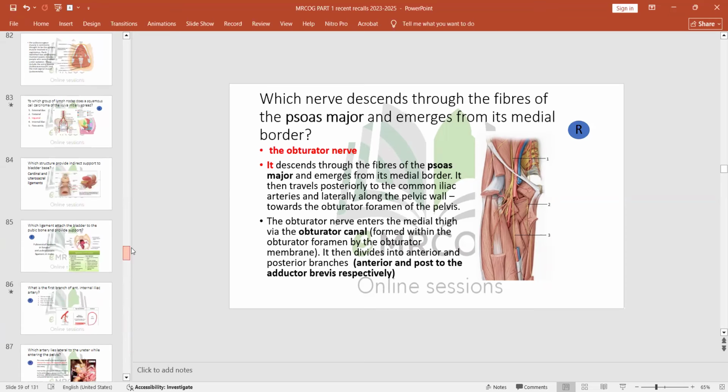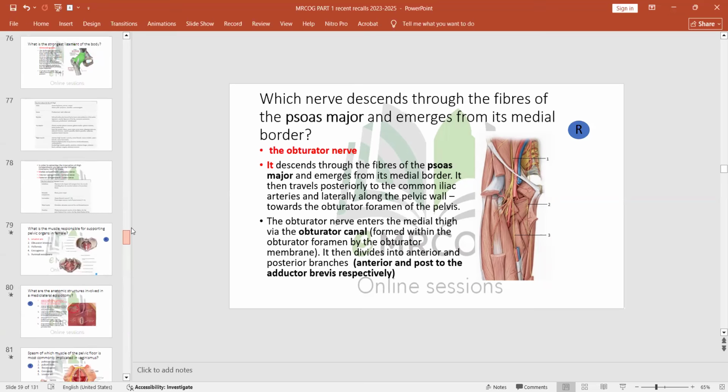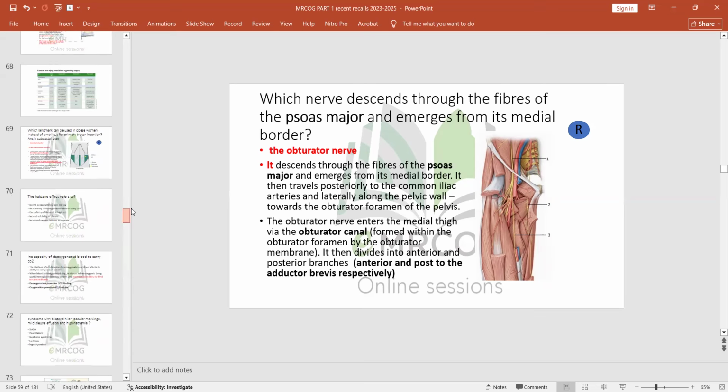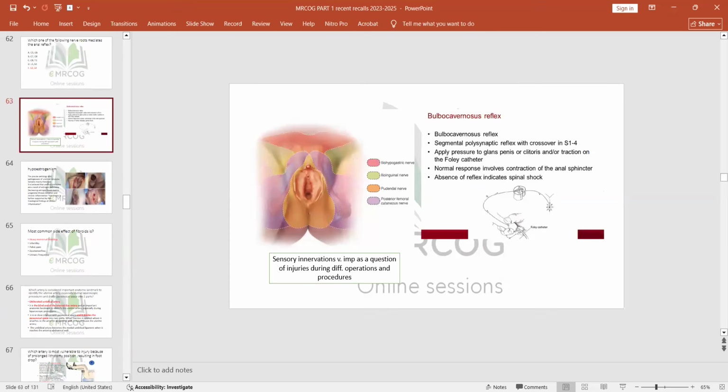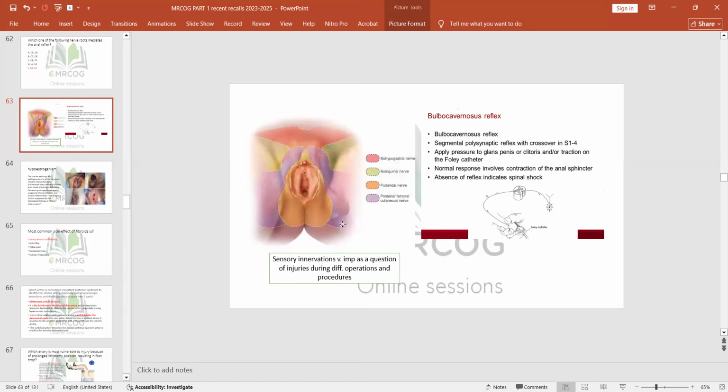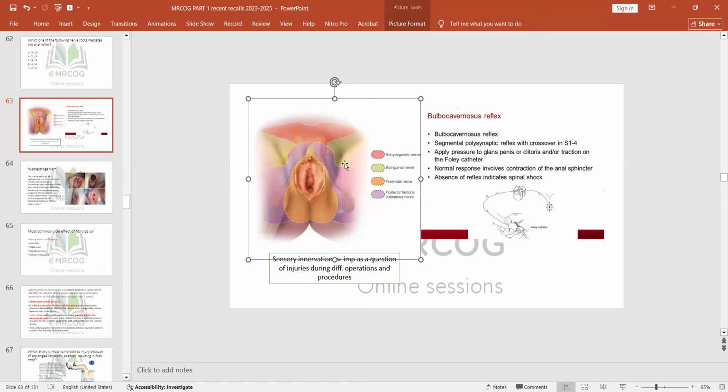Where is it? Well, it was here. Ah, here it is. Yes. I got you this picture for this reason, because the sensory innervation, guys, for any area here is important.